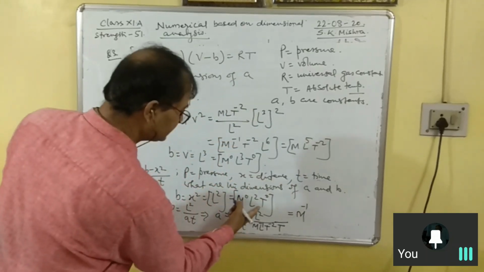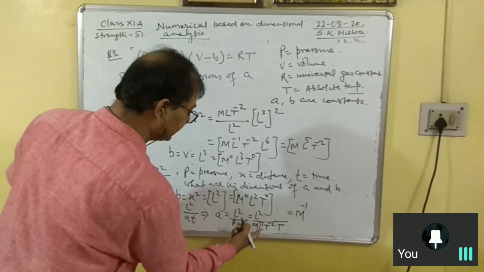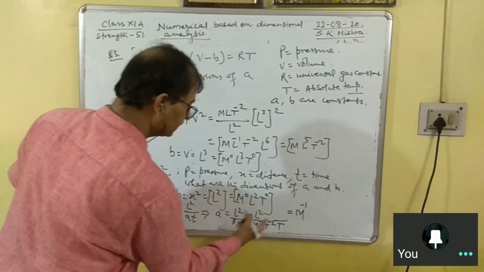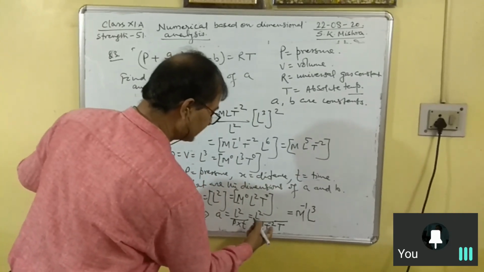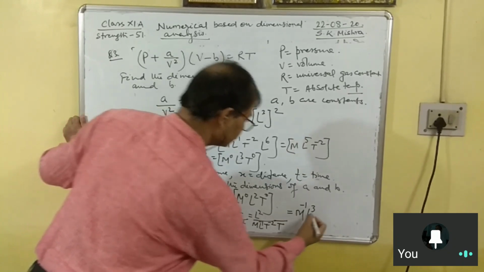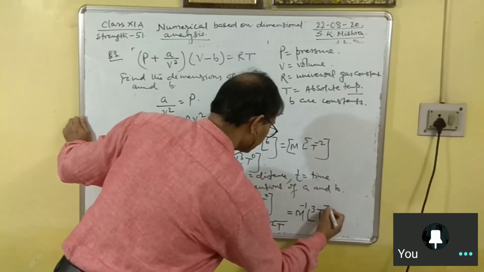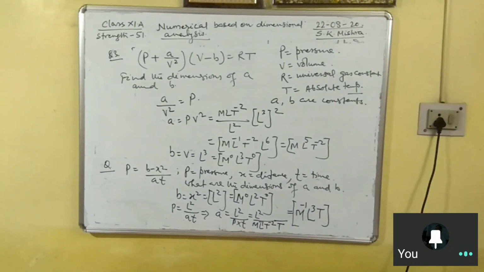See, L raised to 2 and L raised to minus 1. If you bring it in the numerator, it will be L raised to plus 1, L raised to 3. And then T raised to minus 2 into T, that is T raised to minus 1. Now bring it in the numerator, so this becomes T only. Am I right? So this should be the dimension of A.